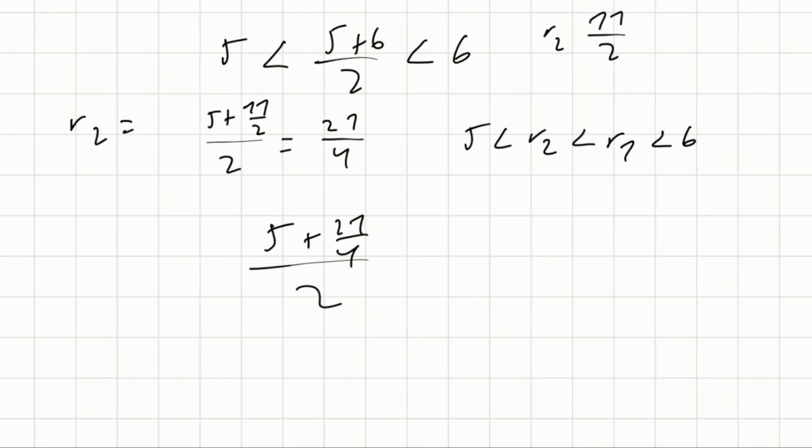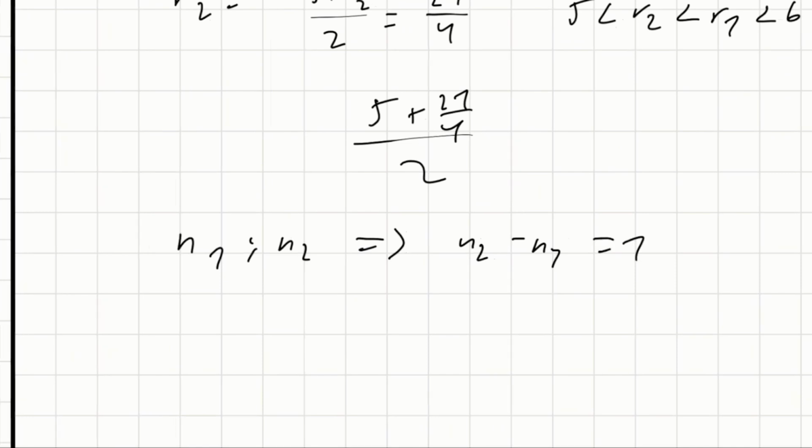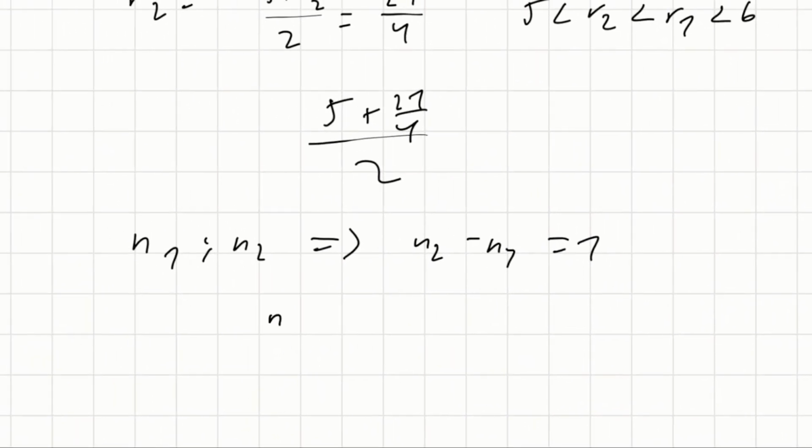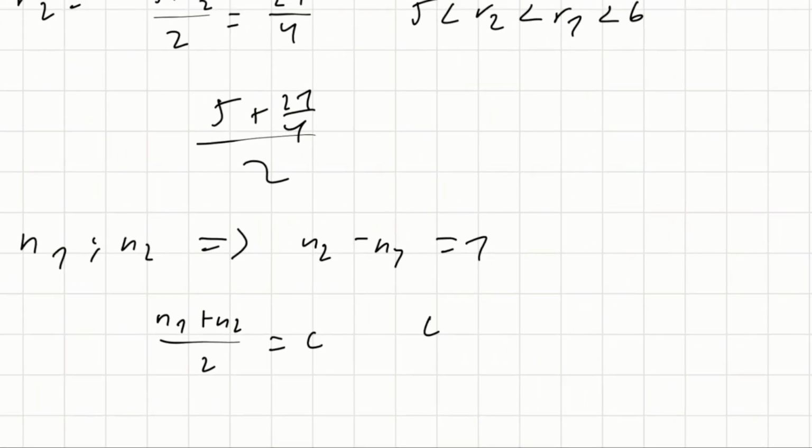So the mathematical proof of this is, if you have n1 and n2 so that n2 minus n1 equals 1, you can say n1 plus n2 divided by 2 gives us, let's say, c, and c is bigger than n1 and smaller than n2.